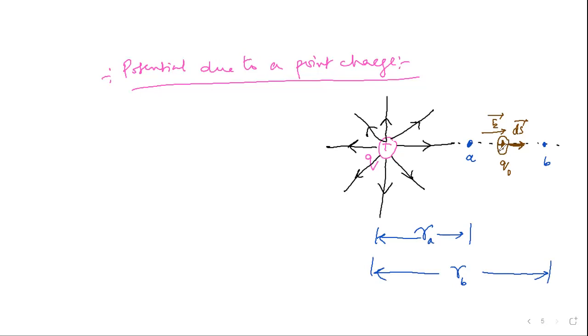So we know the force acting on the test charge will be similarly directed as E. So VA is potential at point A, VB is potential at point B. So using VB minus VA is equal to minus integral A to B E dot ds. You can see my displacement is radial.